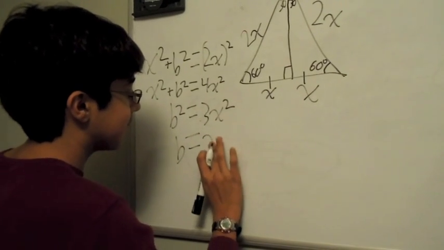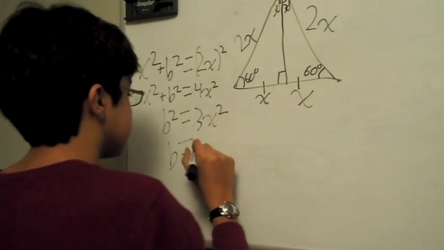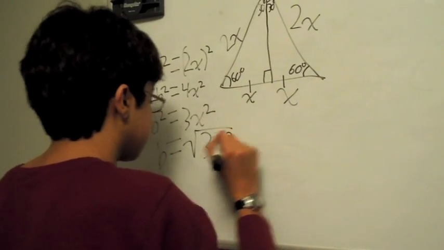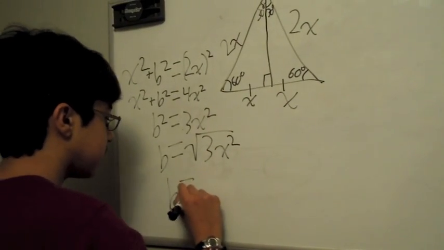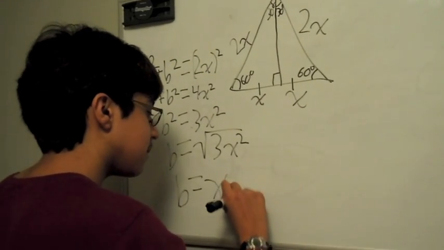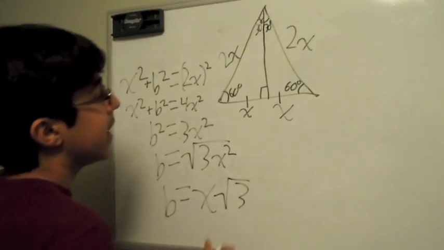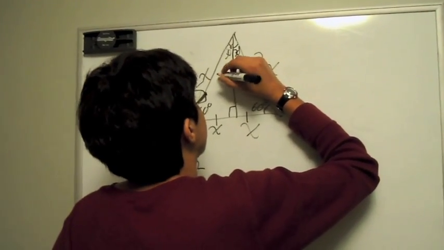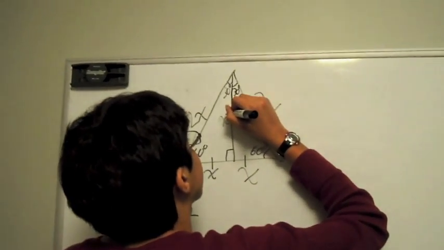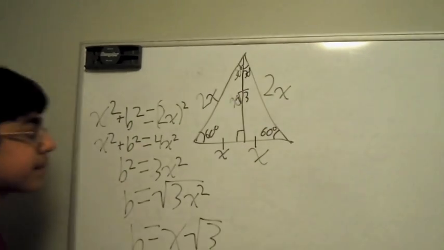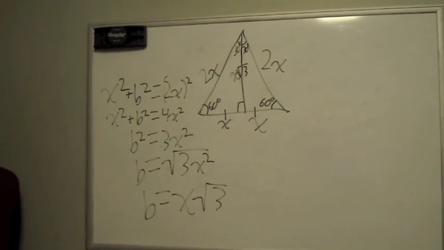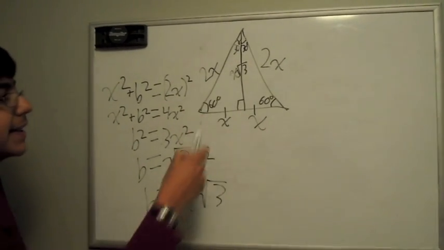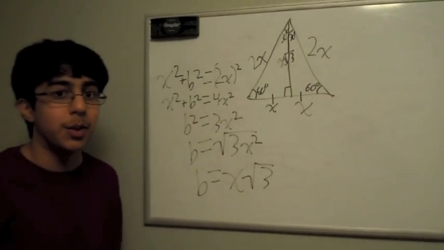And we have this with a length of x root 3. And that is the relationship of the side lengths in a 30, 60, 90 triangle.